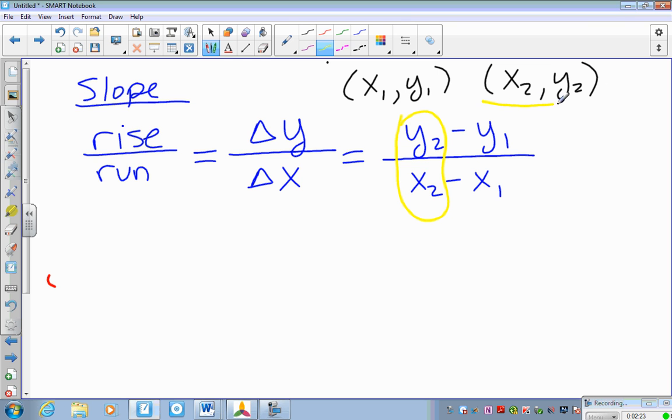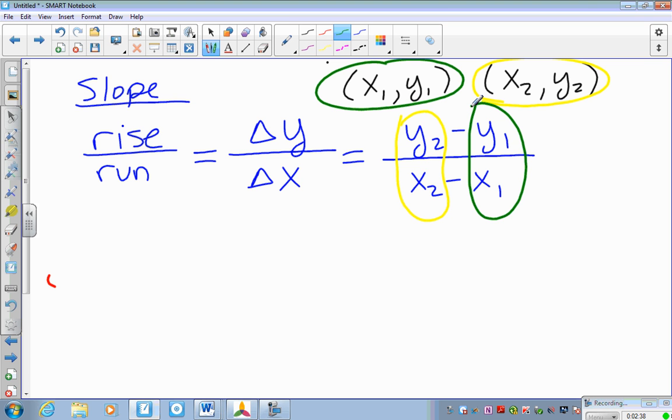The points that go together need to stay on top of each other. And y's go on top, x's go on the bottom. So not only are you lining up y's on top, x's on bottom, you also have to line up the 2 points vertically. So hopefully you see that. But I'm a little bit more interested because if you understand on a deeper level what slope is, you'll never make a mistake with this formula.